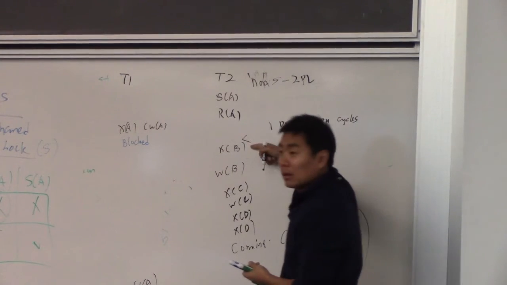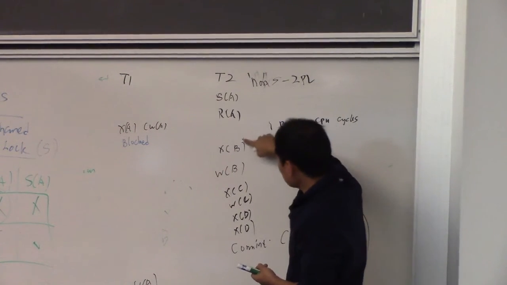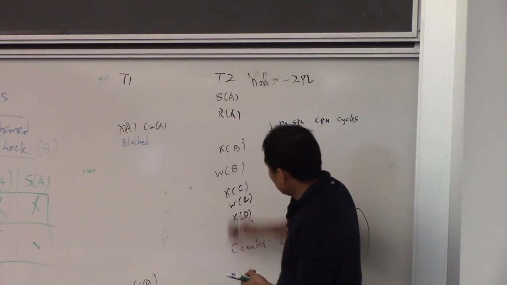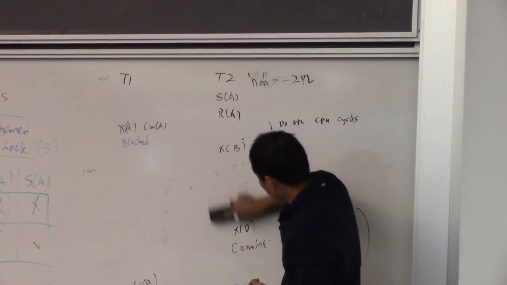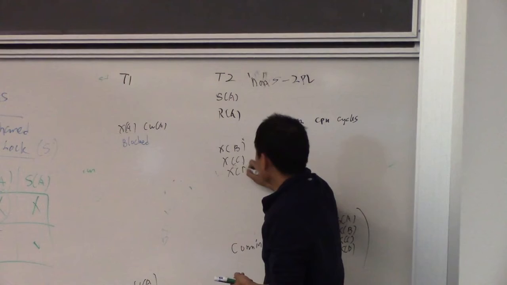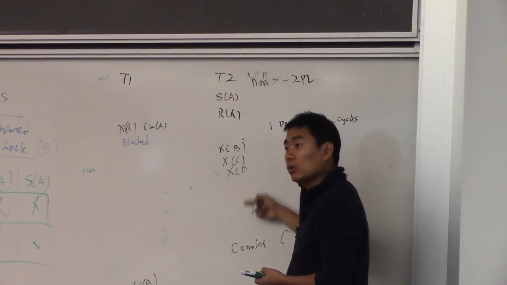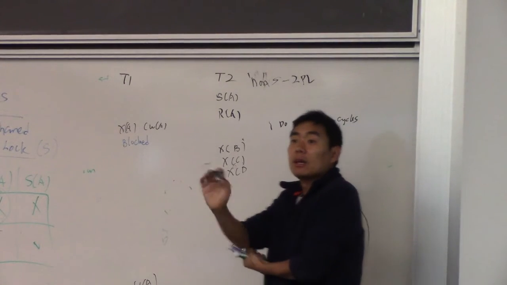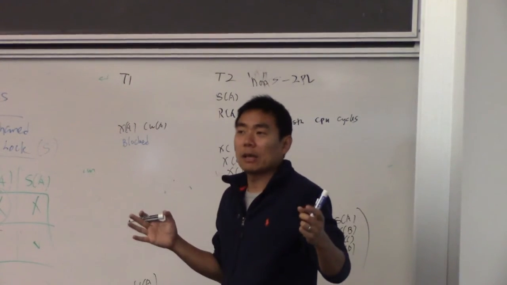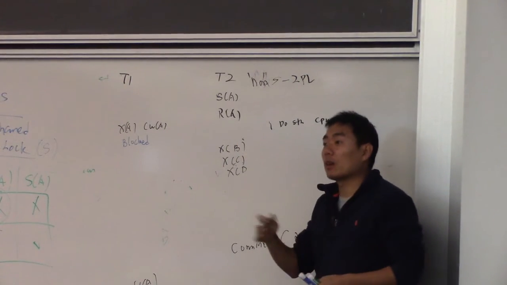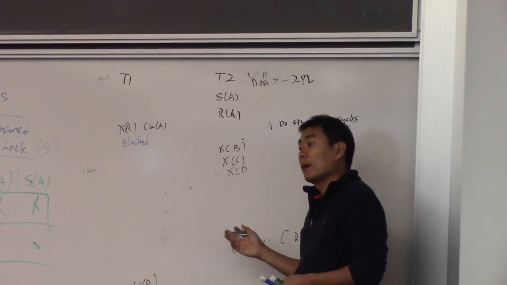Instead of doing this, what I will do is this: before I do the write of each object, I will acquire all the locks I need. Maybe writing to this object takes a long time. It's a big object, takes some time. So I will acquire all the locks before I start writing to any one of them.